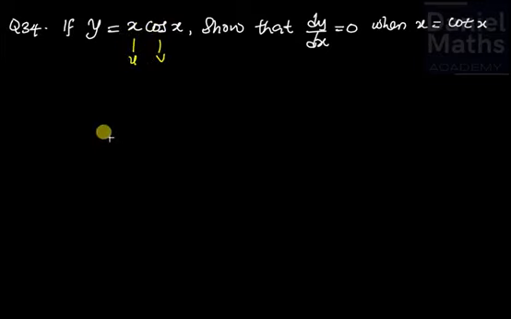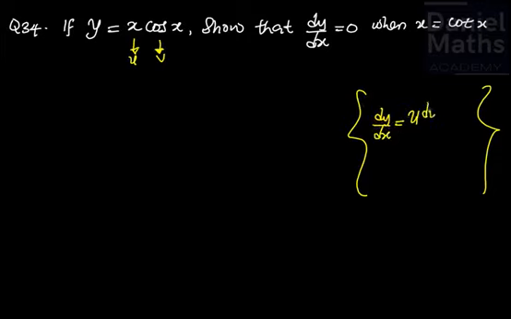So we're going to treat this as such. Our product rule states that dy upon dx is equal to u dv over dx plus v du upon dx.